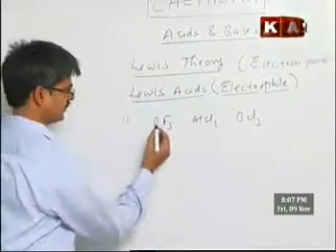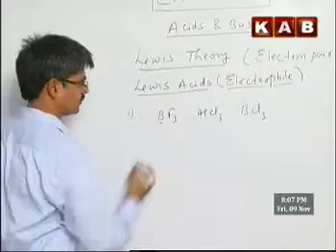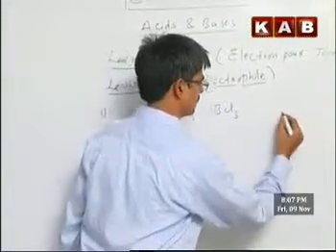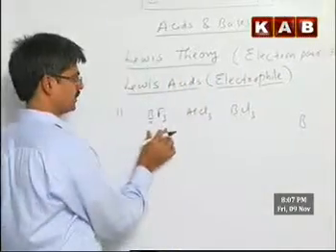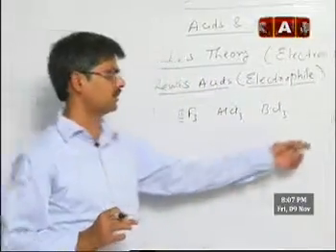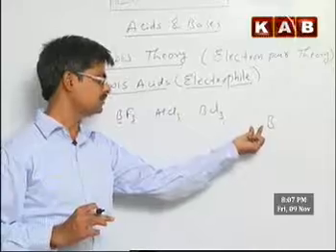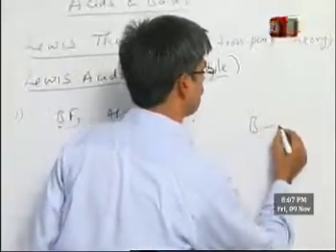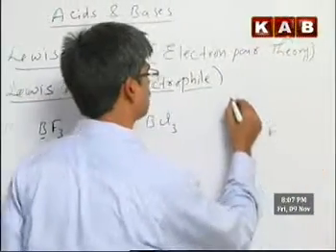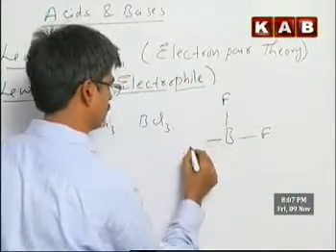We all know that boron has only 3 valence electrons. In boron trifluoride, 3 bonds are formed by the boron, and each bond will be considered to be a pair of electrons.